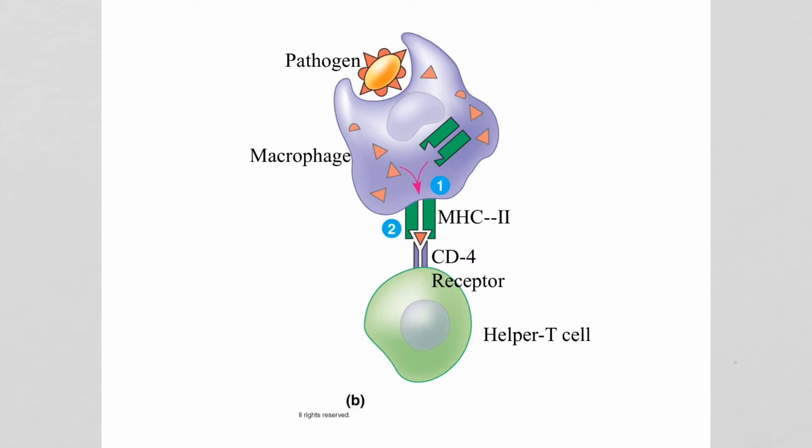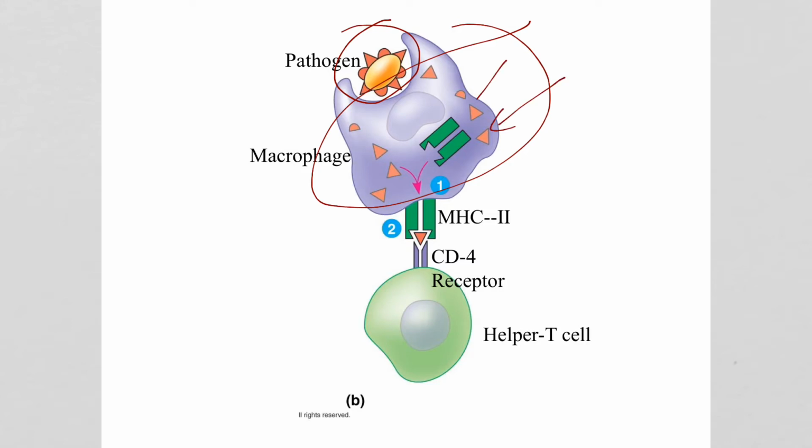Before we finish that up, here we can see the first part of this process. This is our macrophage, and it is engulfing, through phagocytosis, a pathogen, maybe a virus. It's going to break it down into pieces, which is what these little triangles represent. It's going to use this protein called the MHC2 protein to present those antigens on its own cell membrane right here.